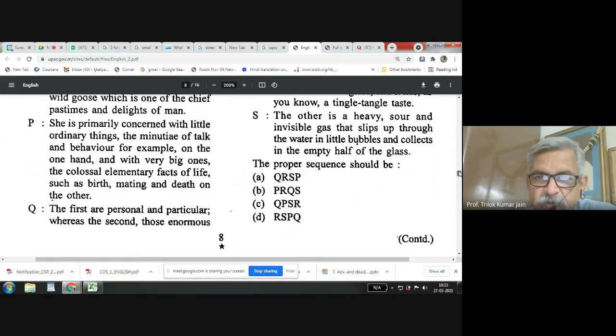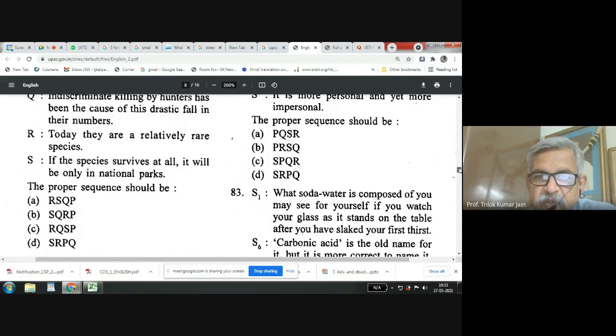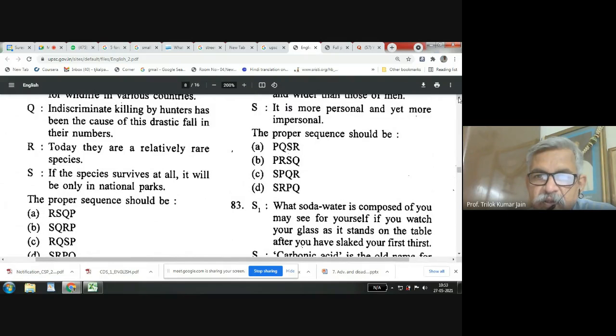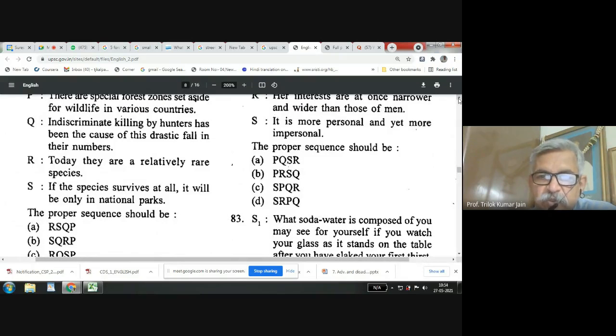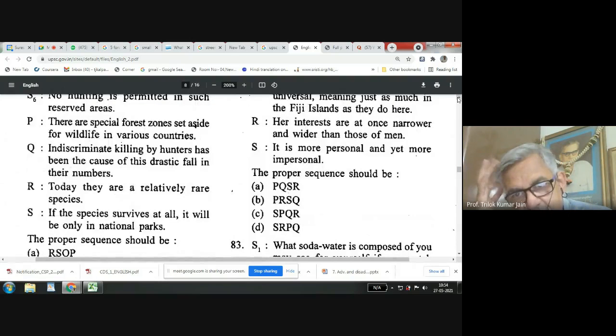So, what will be the correct answer? The answer seems to be B, PRSQ. PRSQ, because as it is more personal, S requires something before it: her interests are at once narrower and wider than those of men.